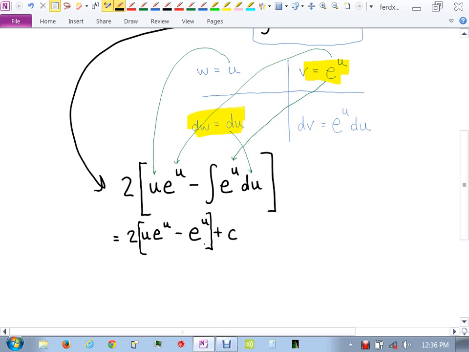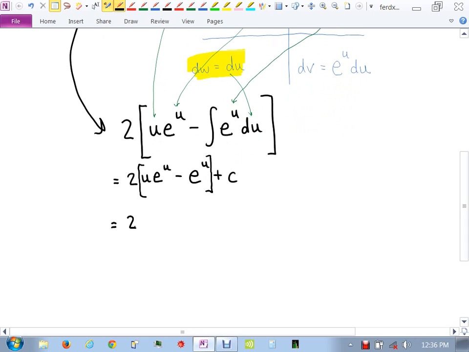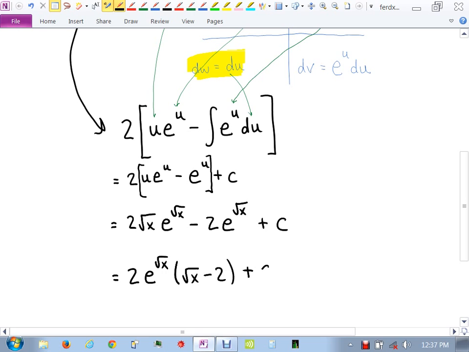We did a substitution way in the beginning. u was the square root of x. So this is going to be 2 distributing, square root x e to the square root x minus 2 e to the square root x plus a constant, which I could factor out a 2 e to the square root x and be left with square root x minus 2 plus c.